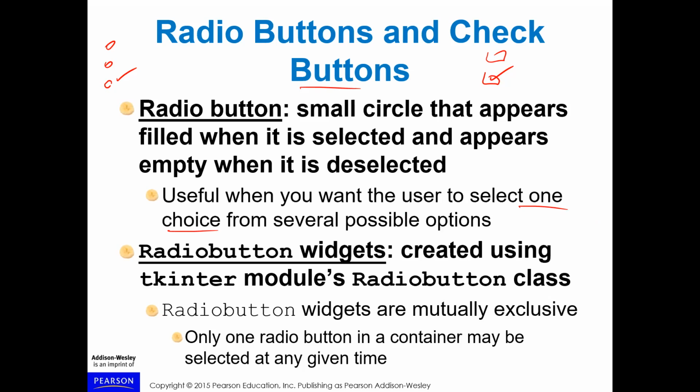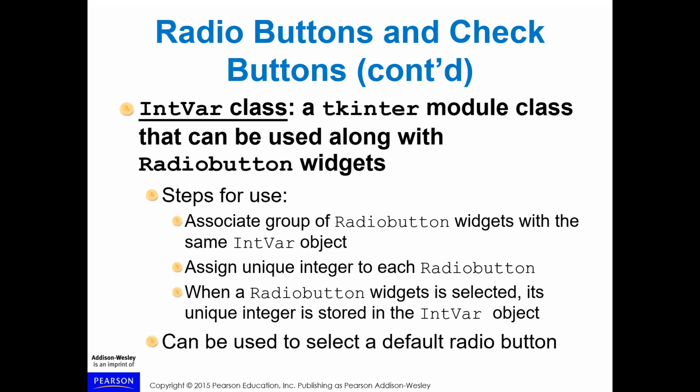So you might pick the things that you want to process. The radio button widgets are created using the tkinter module's Radiobutton class. Radiobutton widgets are mutually exclusive. Only one radio button in a container may be selected at any given time. IntVar can be used with radio buttons.